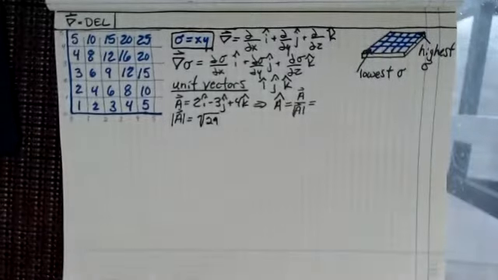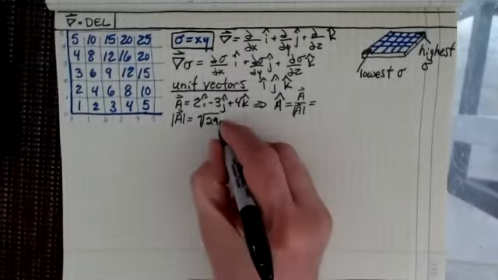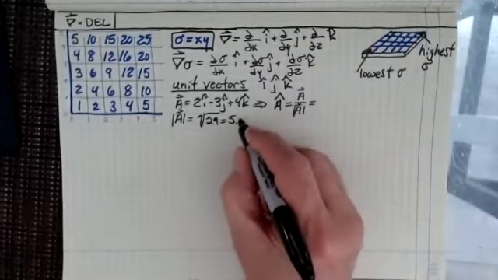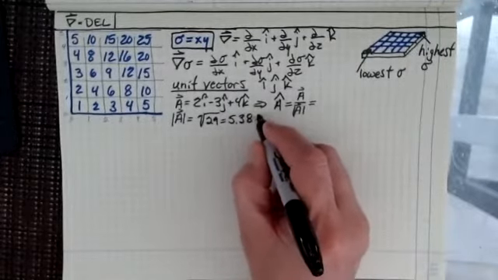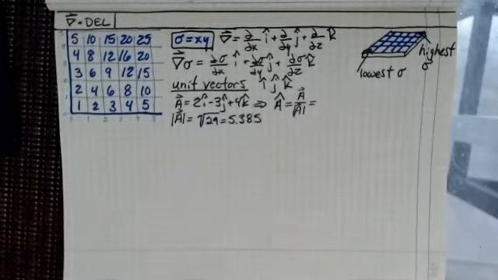Okay, I don't know what the square root of 29 is off the top of my head, but I do now, and it is 5.385.